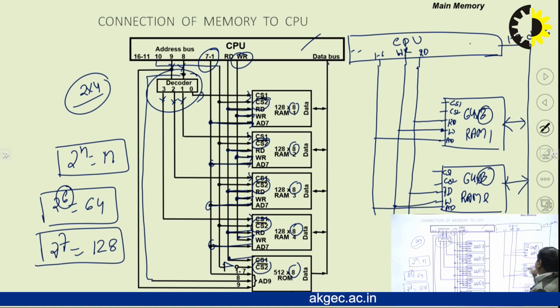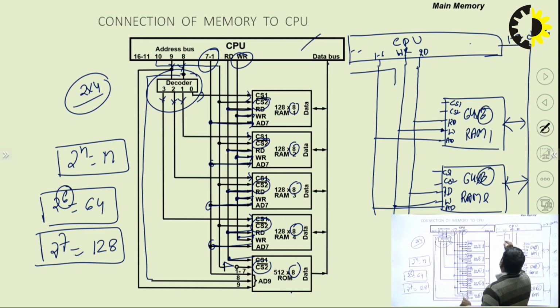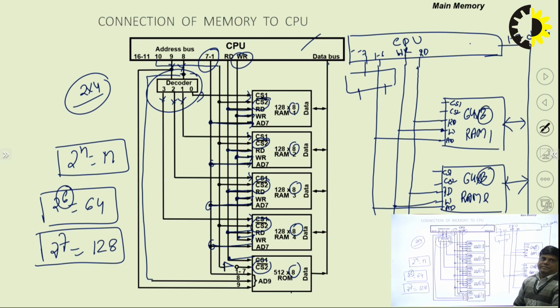Again, here are 2 chips. Then with the help of a decoder, we use a 1 cross 2 decoder, with 2 outputs. D stands for decoder.